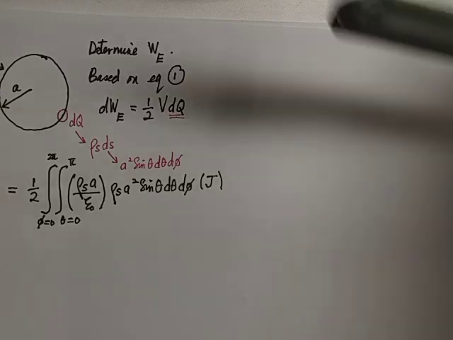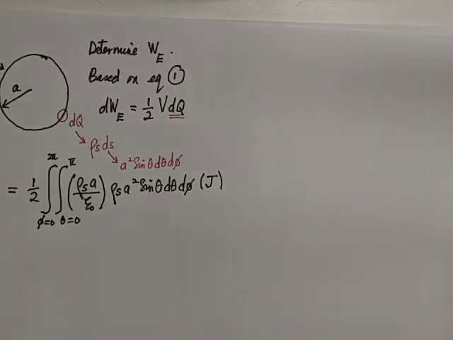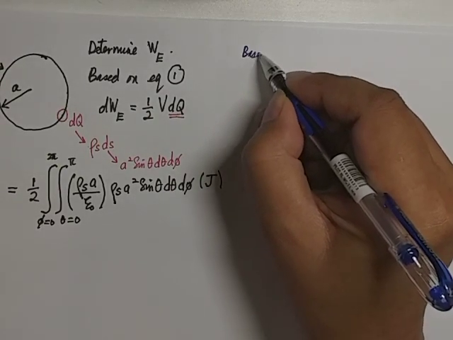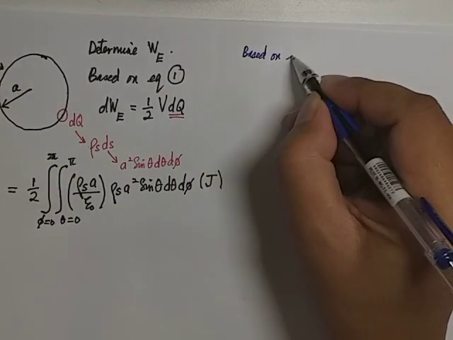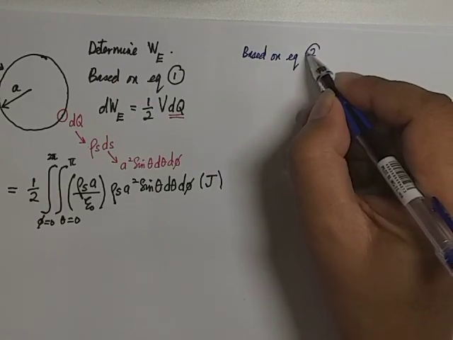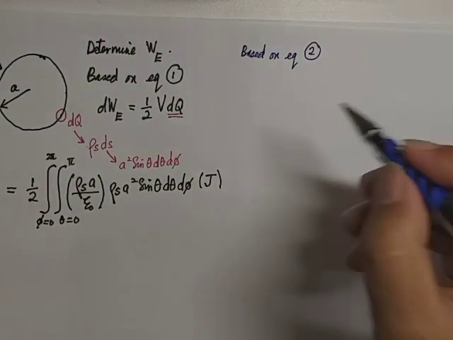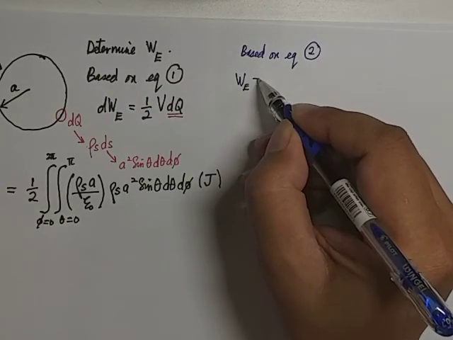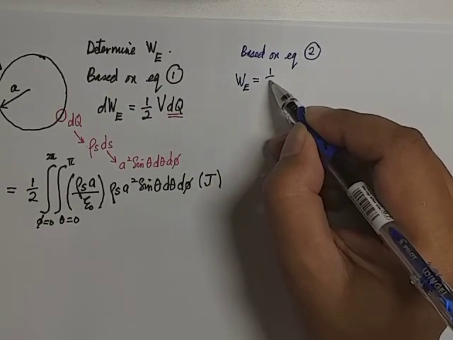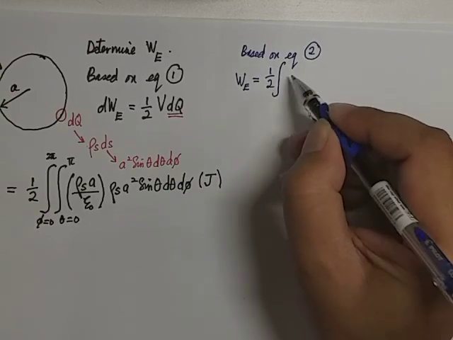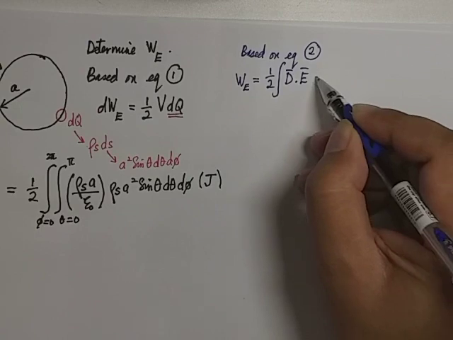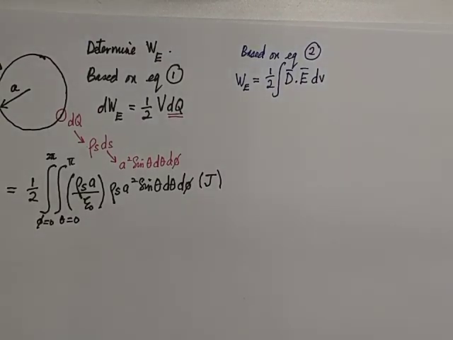Okay, so for those who want to use equation number 2, I'm going to write in blue color now. Based on equation number 2, what the equation appears to be is WE equal to half the integral of D dot E dV.